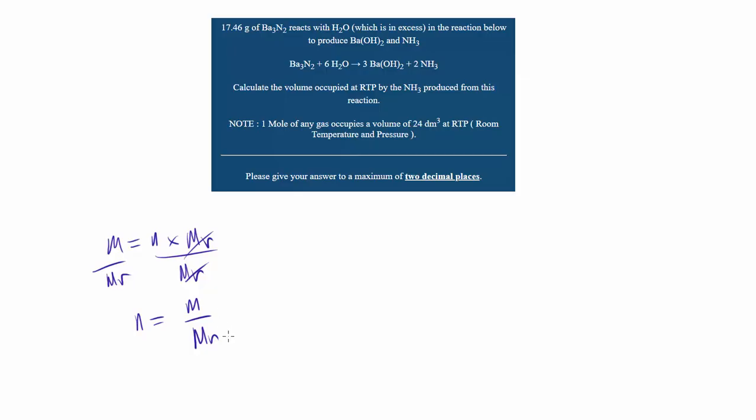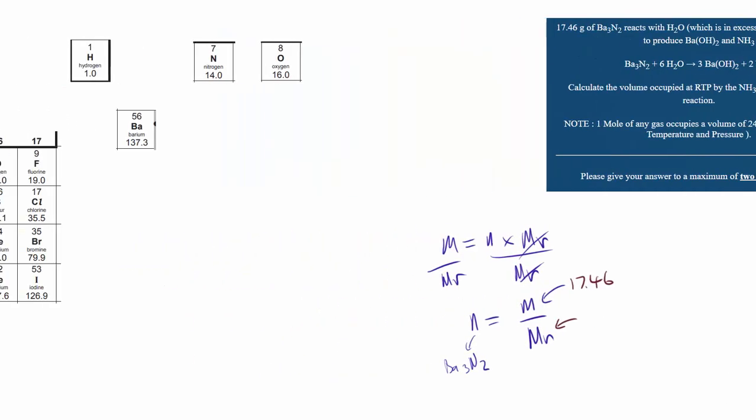And in this case, we're looking specifically at the number of moles for Ba₃N₂, right? So for the mass, we've got that in the question. That's going to be 17.46. Now, for the molar mass, we've been told the formula in the question, but we haven't been directly told the molar mass. So we will need to refer to the periodic table to work out the molar mass, which I'm going to try and do now.